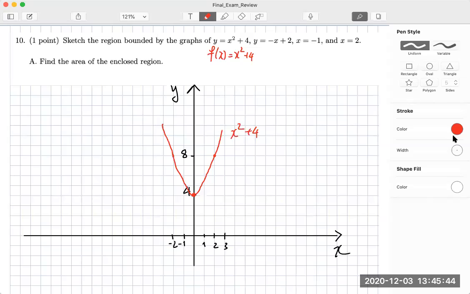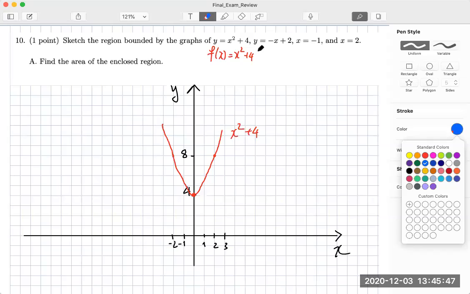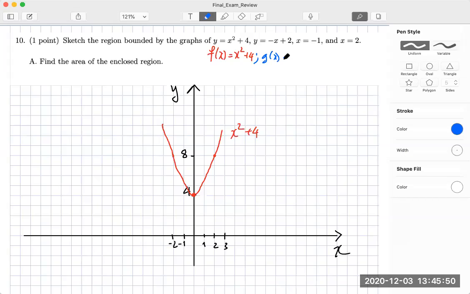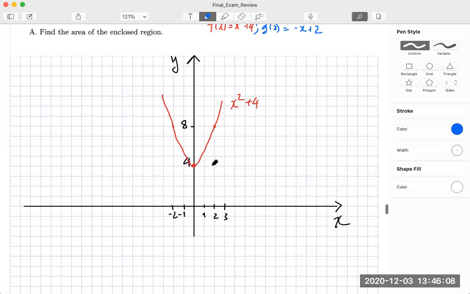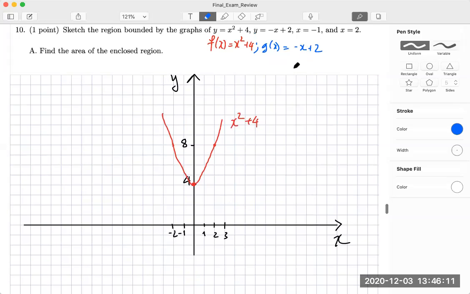Now let us draw the function g here. Because it is a linear equation, if we find 2 points, then we're good. What is the y-intercept? The y-intercept is 2. So the point (0, 2) belongs to this line. What is the x-intercept?